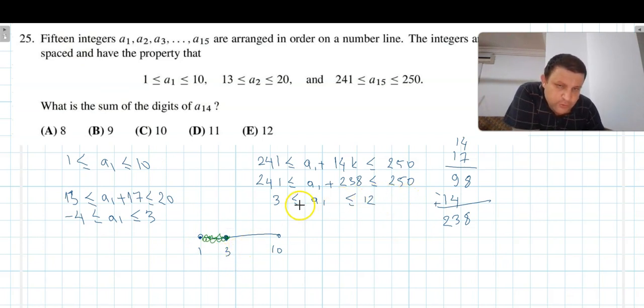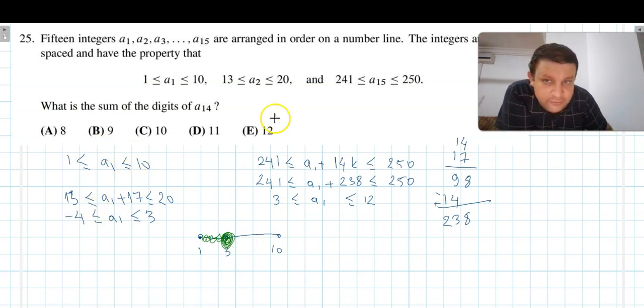In the third one, it should be greater than or equal to 3. So now we found our A1 is 3. We need to find A14.